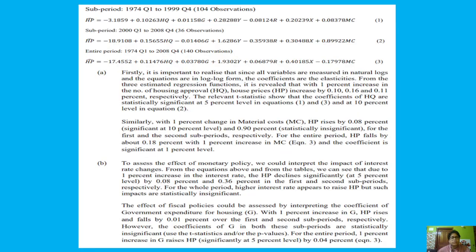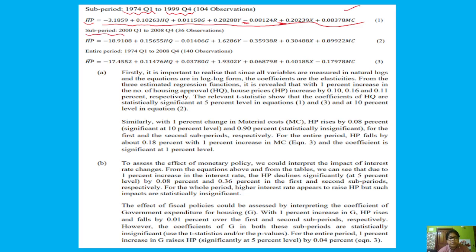So this is the first equation, from 1974 quarter 1 to 1999 quarter 4. This is the result that we got. We are just putting the coefficients in using their signs: wherever the sign is negative we use that, and where the coefficient is positive we use that.